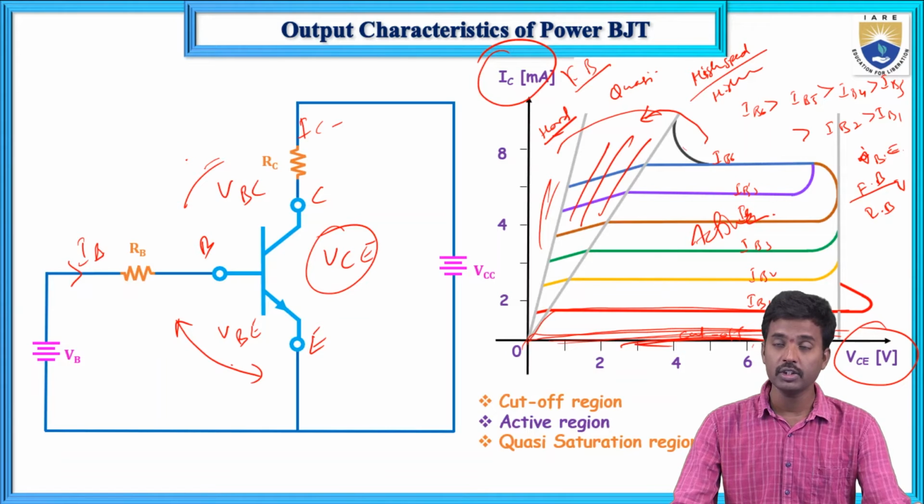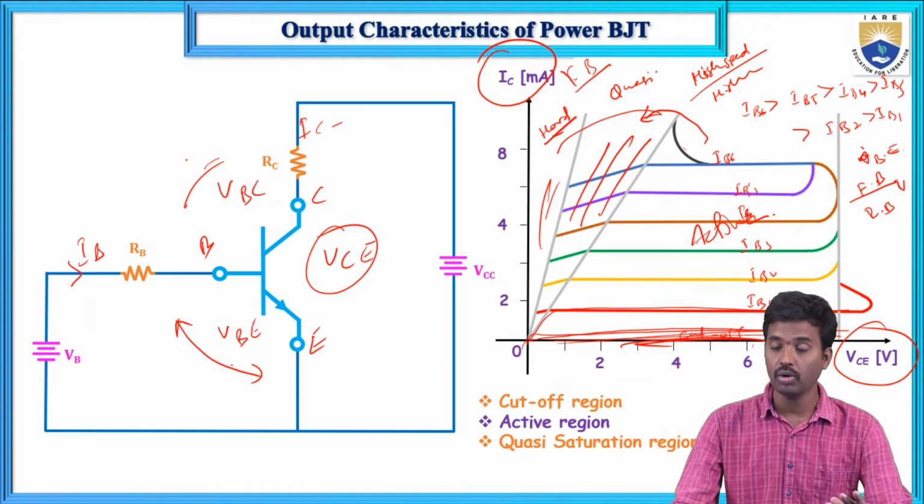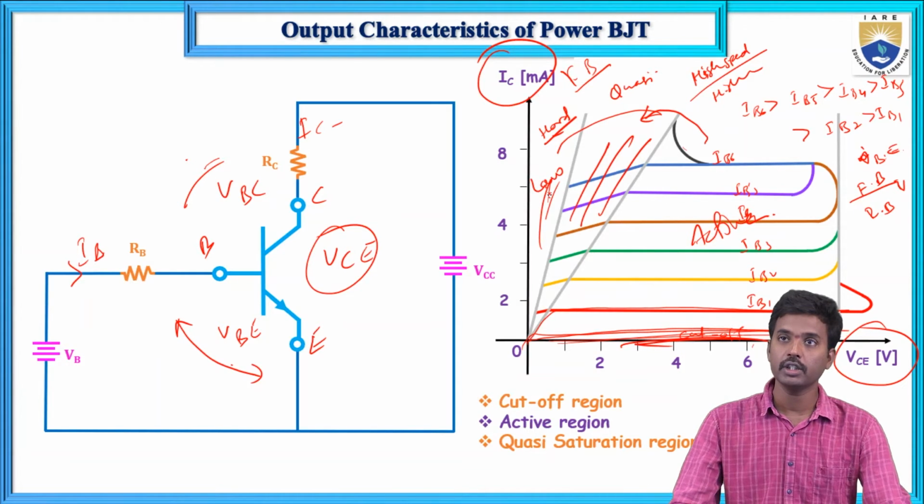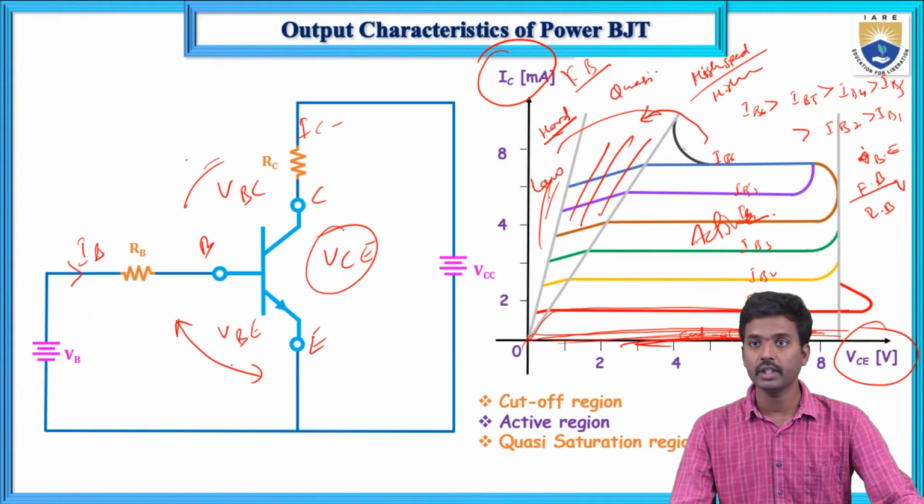Hard saturation means there will be a delay time, it will take some time to turn from the on stage to the off stage. So hard saturation applications are low speed and low frequency applications, where we will prefer hard saturation.